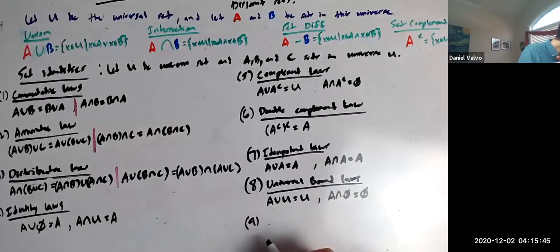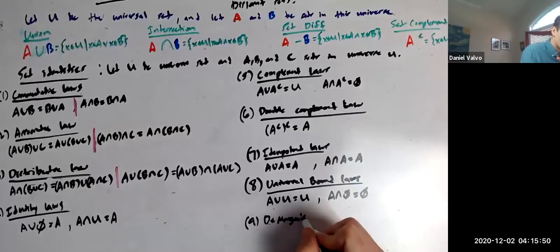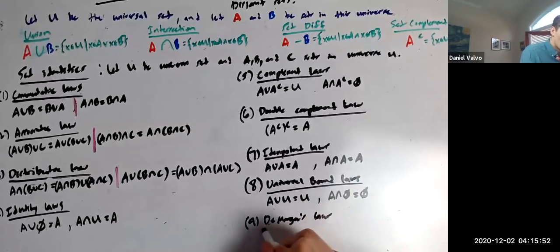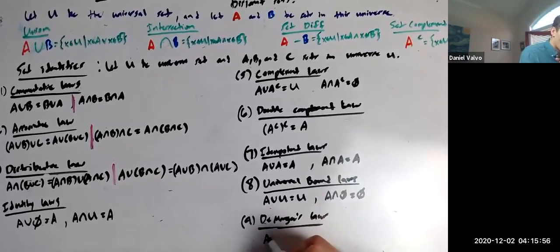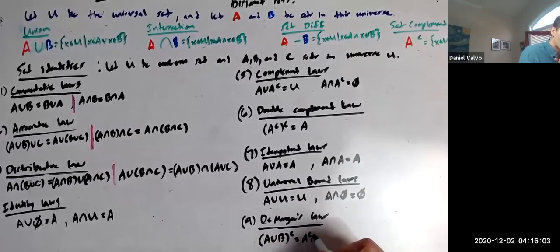Then 9, we have De Morgan's laws, finally. And they work the exact same way. It's going to turn out that the complement of A union B equals A complement intersect B complement.